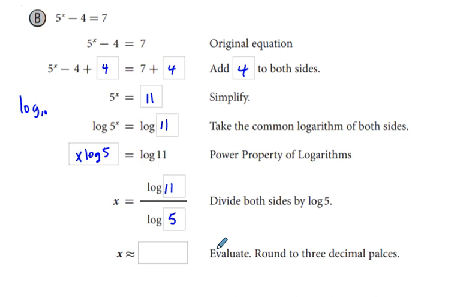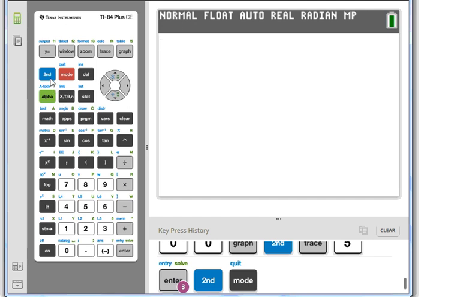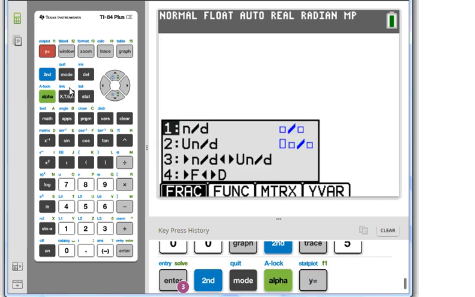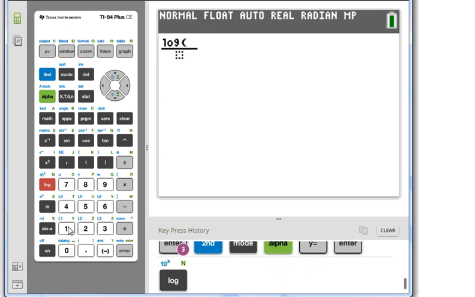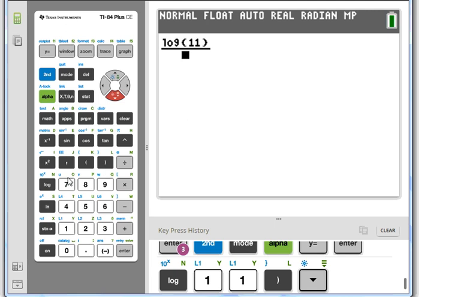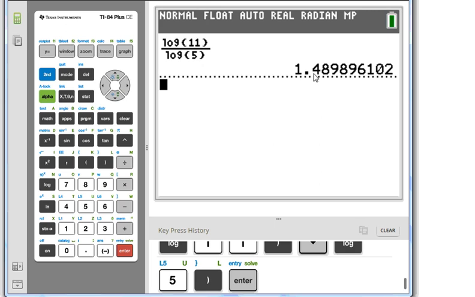And now we can just do this in our calculator. So we put log 11 divided by log 5. So we get about 1.49 rounded to the nearest hundredth.